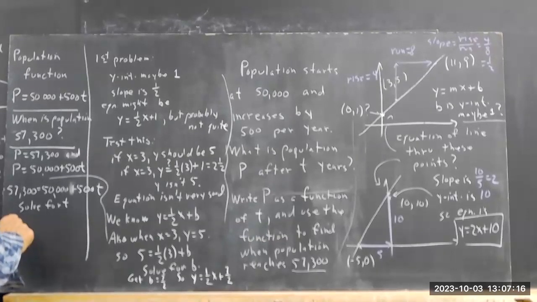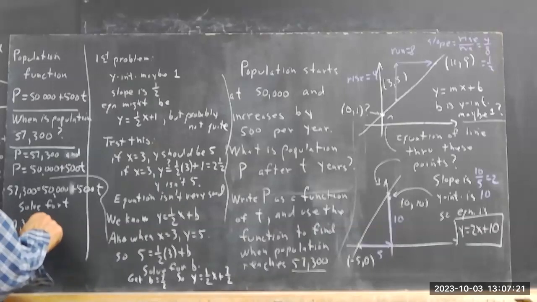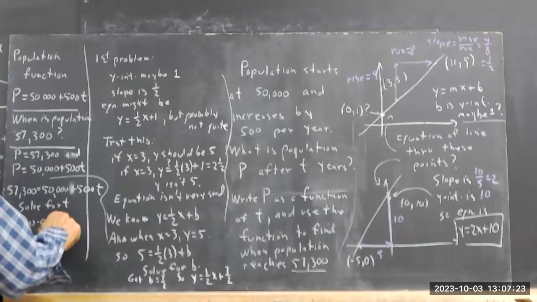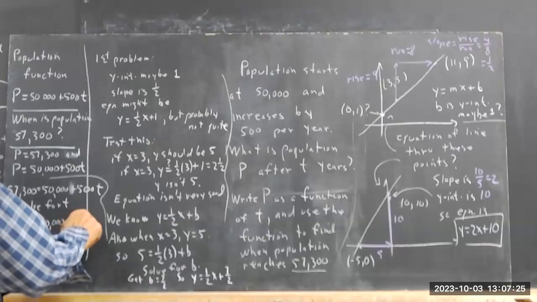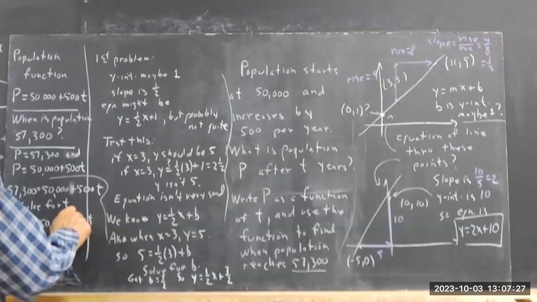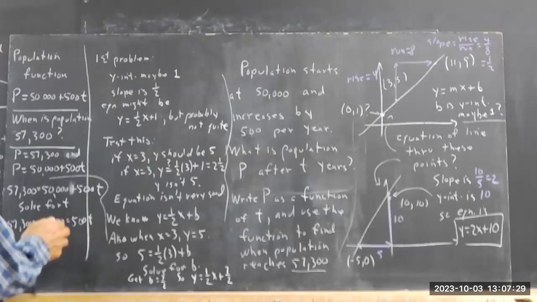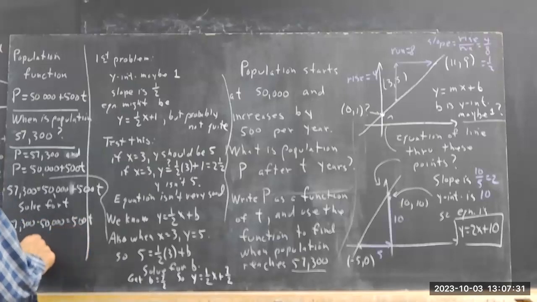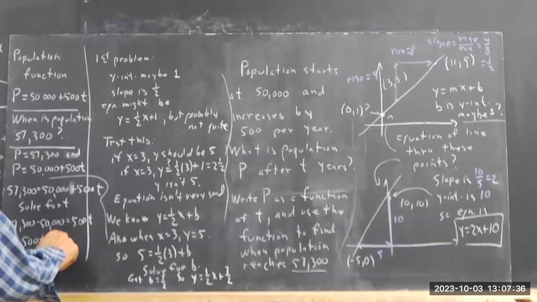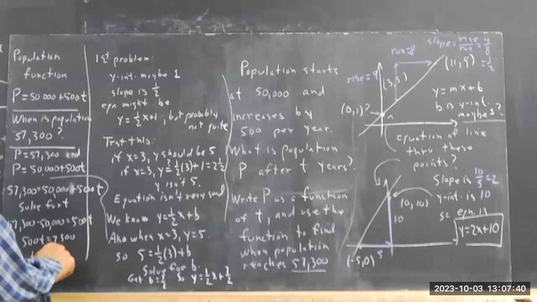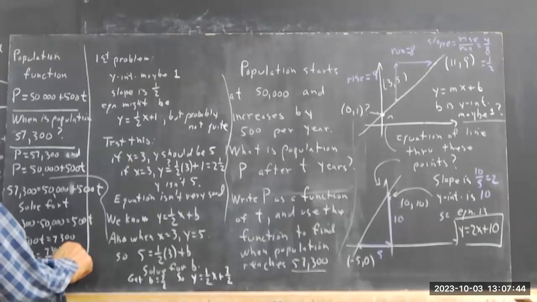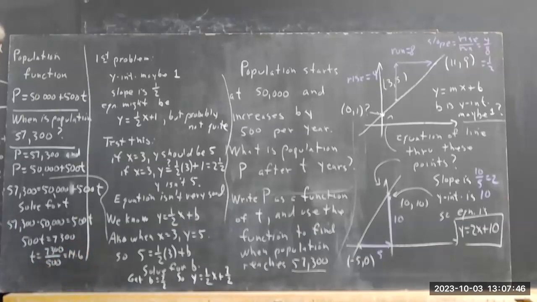Well, we subtract 50,000 from both sides, and you get 500 t equals 7,300. t equals 7,300 over 500 equals 14.6.